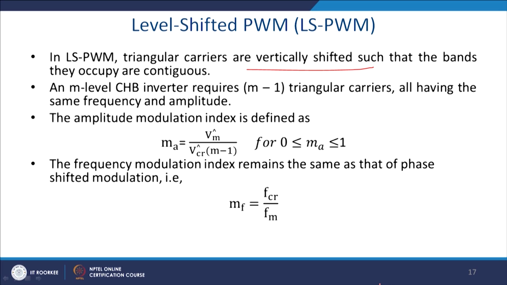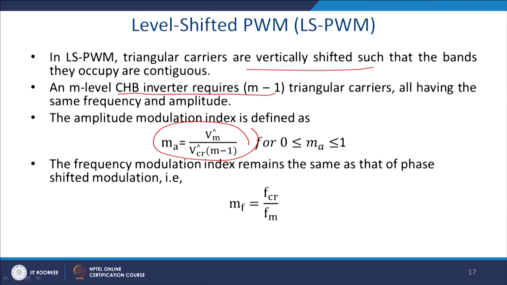An M level cascade multi-level inverter requires M minus 1 carriers. So, if you have a 7 level, you require 6 triangular carriers, all having the same frequency and amplitude, and automatically phase shifted by 60 degrees.